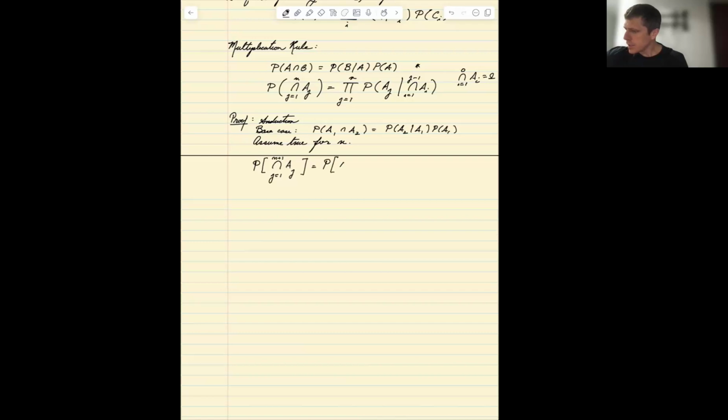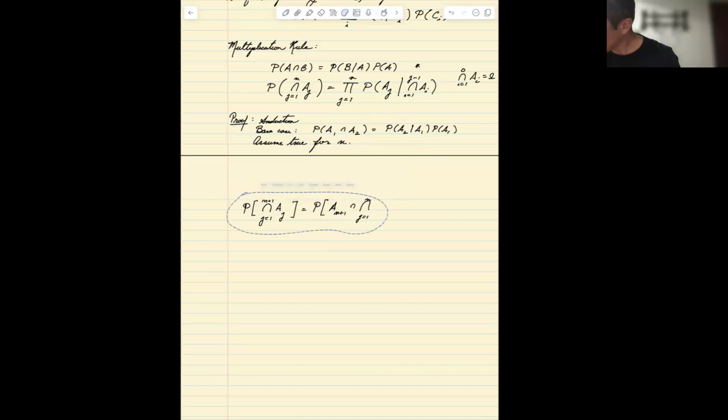Now, for n plus 1, that's going to be A(n+1) intersect the intersection over j equals 1 to n of Aj. Apply the base case to this: it's the probability of A(n+1) given the intersection of Aj for j equals 1 to n, times the probability of this intersection.